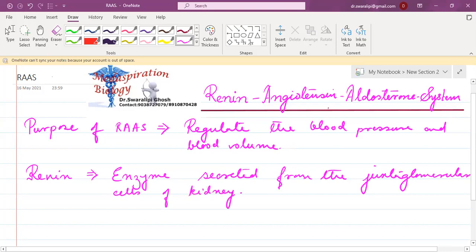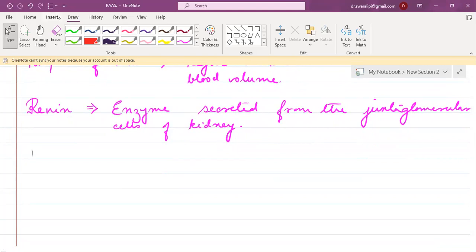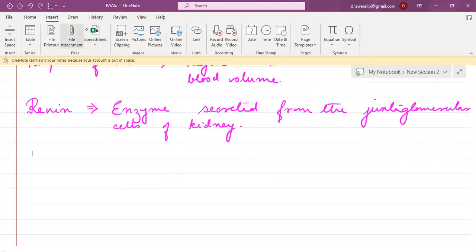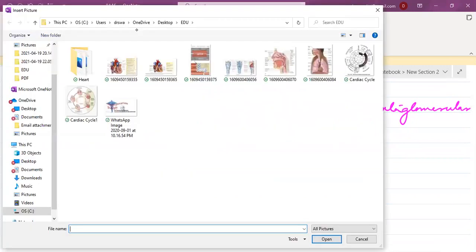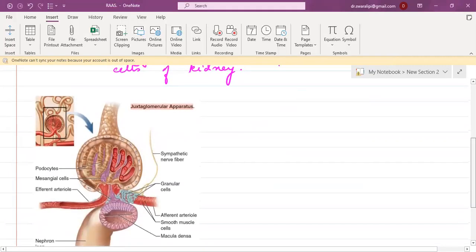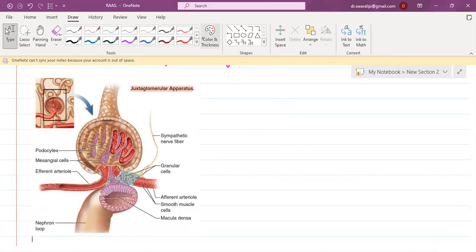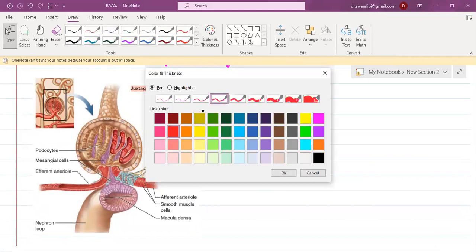Now, children, to understand this much better, I will brief a little bit upon the juxtaglomerular apparatus. I'll just show you a picture. As you can see over here, this is the juxtaglomerular apparatus.